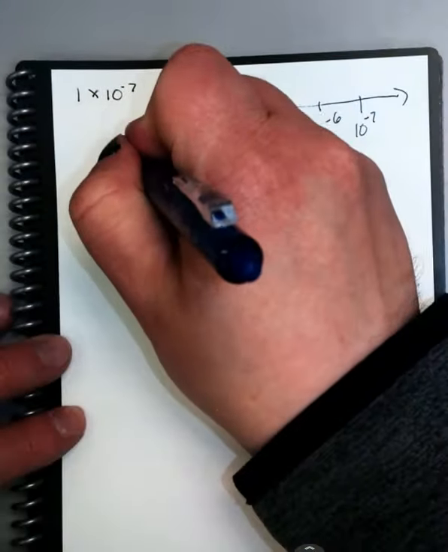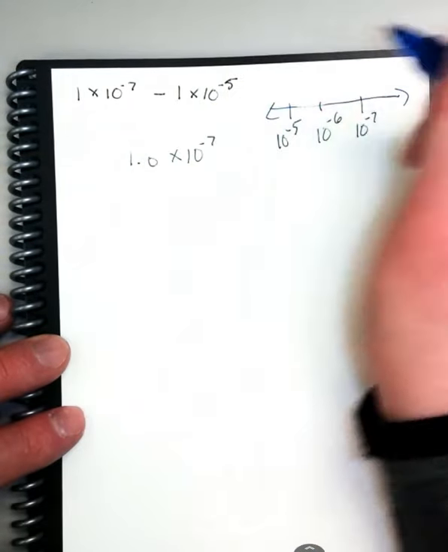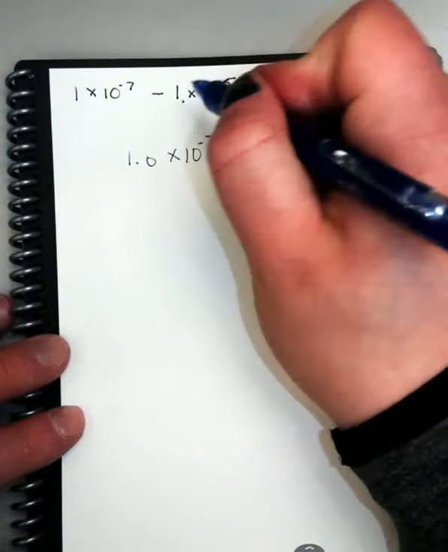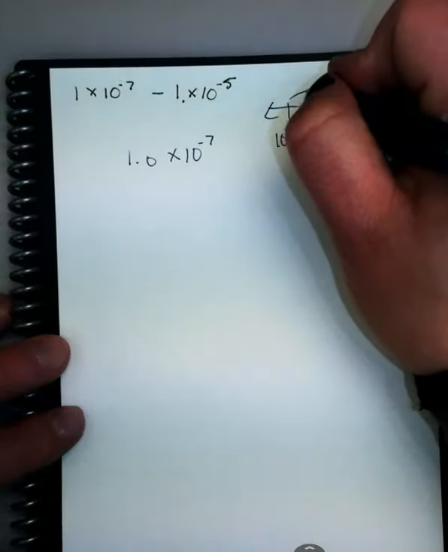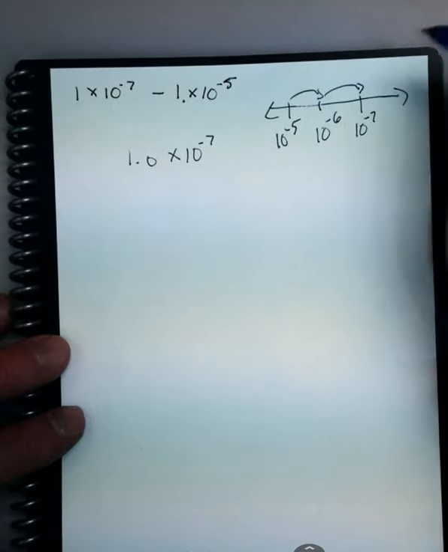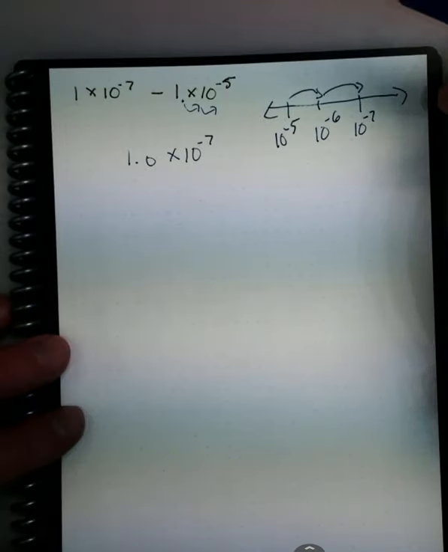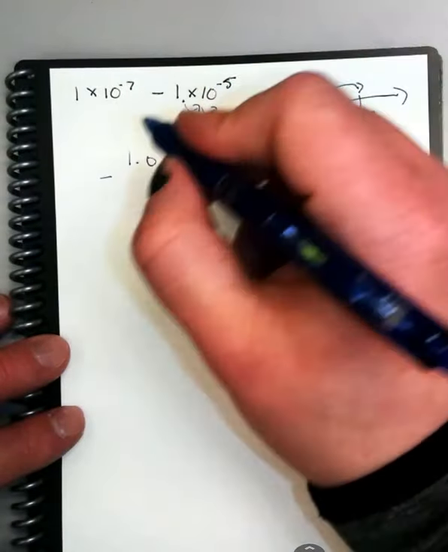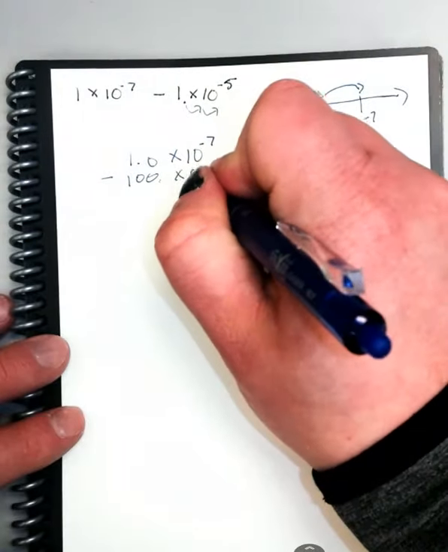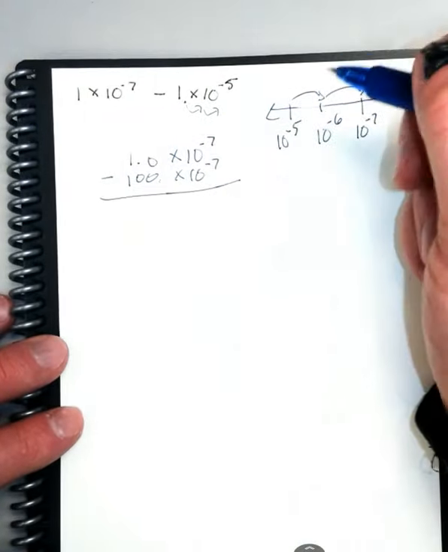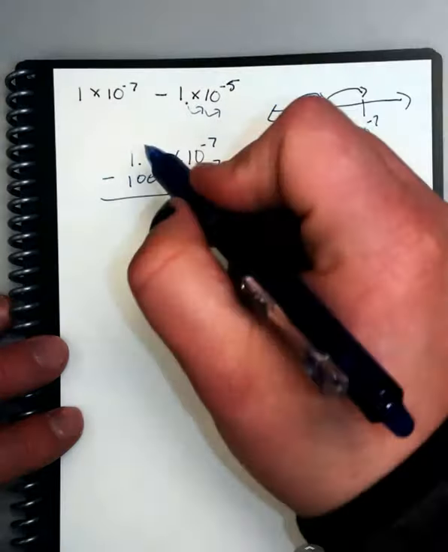But if I have 1.0 times 10 to the negative 7, and I want to make this 10 to the negative 7, my decimal point is going to have to move 2 places this way. So this is going to be 100 times 10 to the negative 7th. I'm going to bring down 10 to the negative 7.